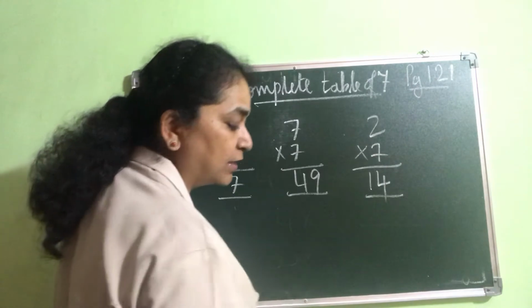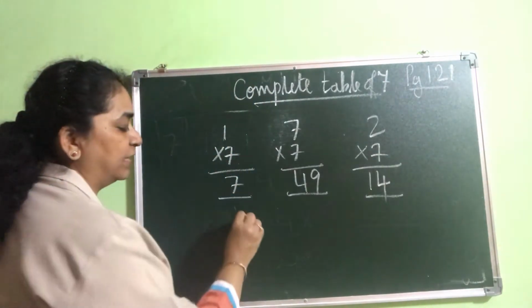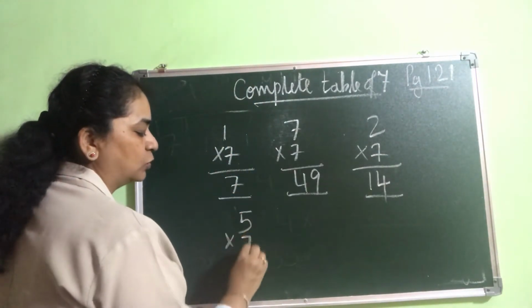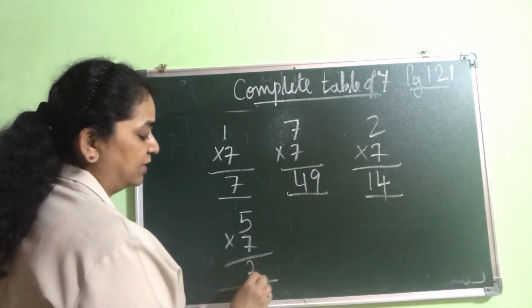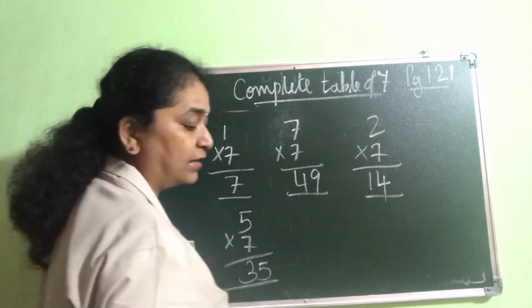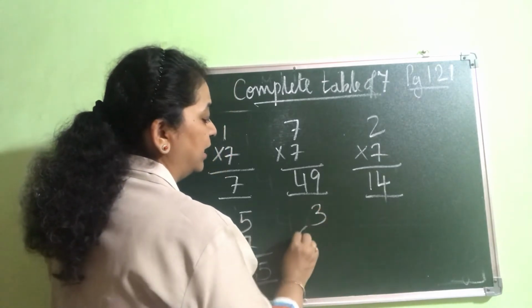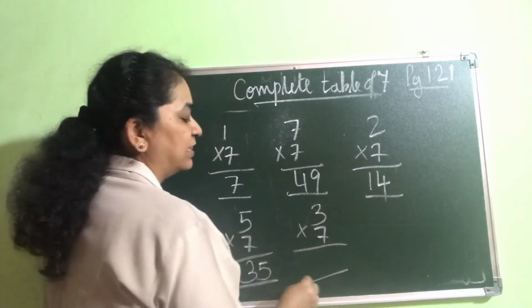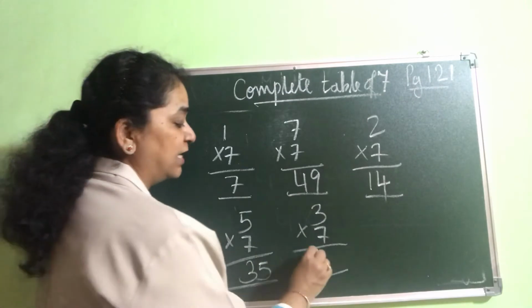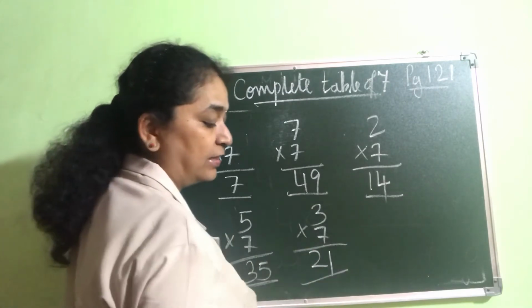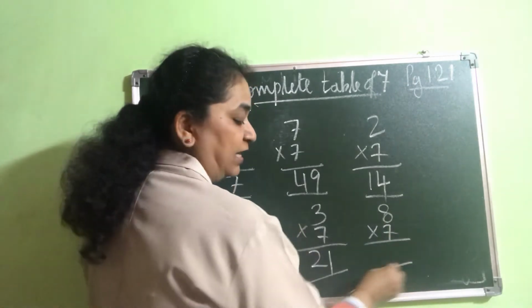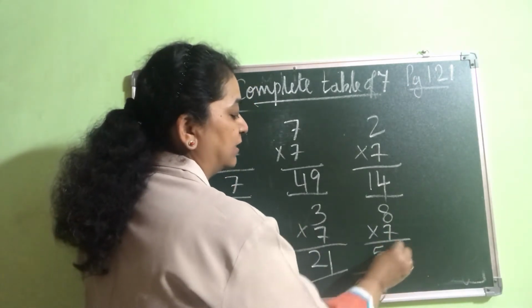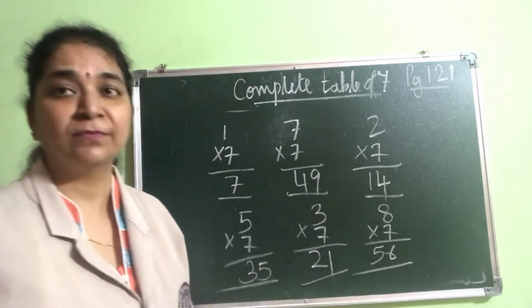Children, you have to learn the tables to answer, I am telling you. 5 into 7. 7 fives are 35. Then 3 into 7. 7 threes are 21. Then 8 into 7. 7 eights are 56. Understood?